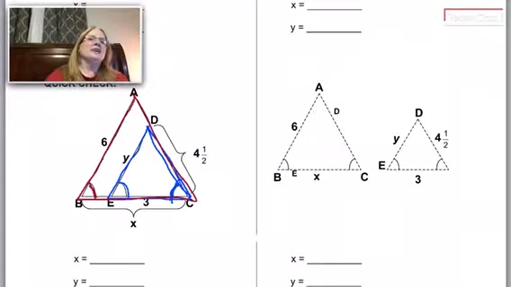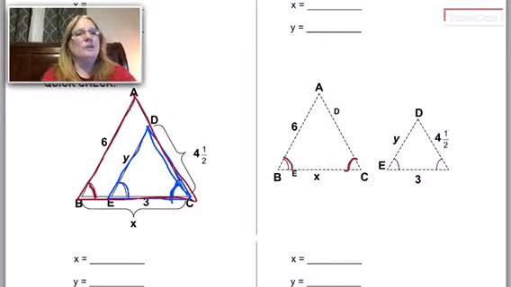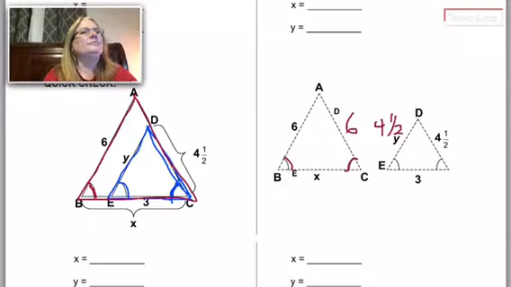So we have isosceles triangles. And there's a rule about isosceles triangles that says that the sides opposite these angles here have to be congruent. So if I look over here where they drew it, 6 and 6, so y has to be 4.5, because they have to be the same if these angles are congruent.